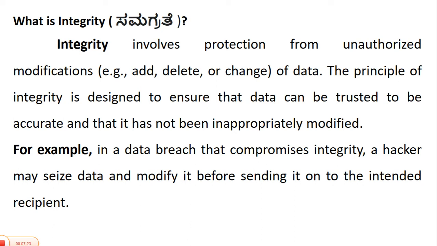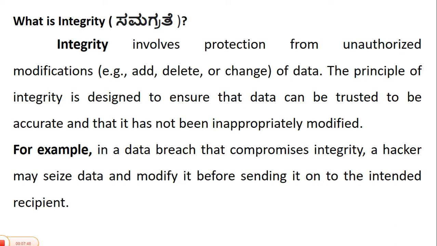The principle of integrity is designed to ensure that data can be trusted to be accurate and that it has not been inappropriately modified. So it should be trusted when it is provided, because it should not be improperly modified.